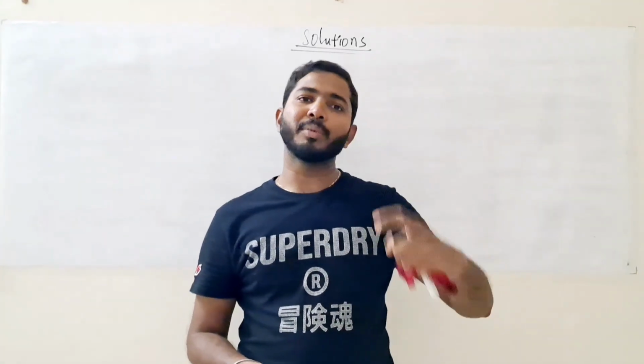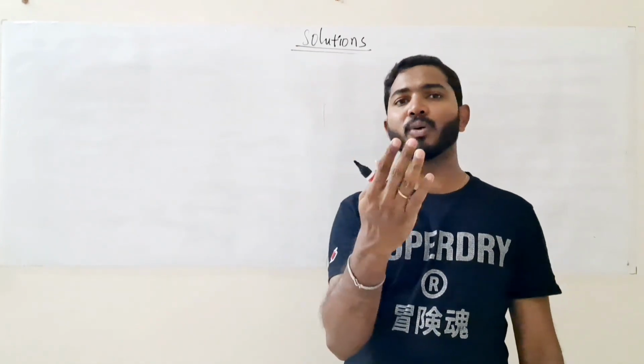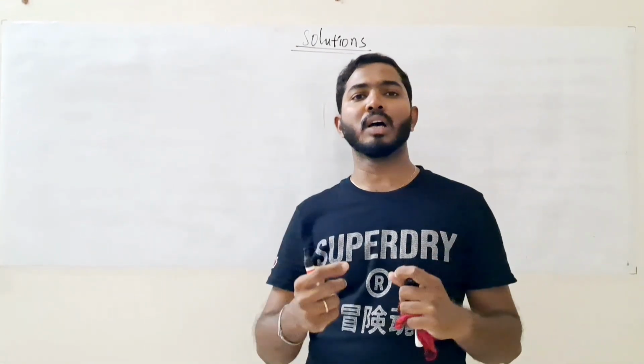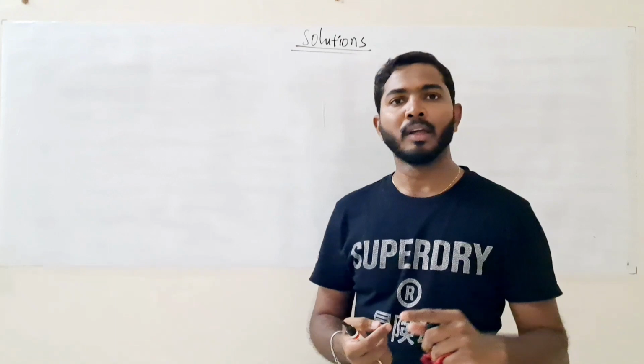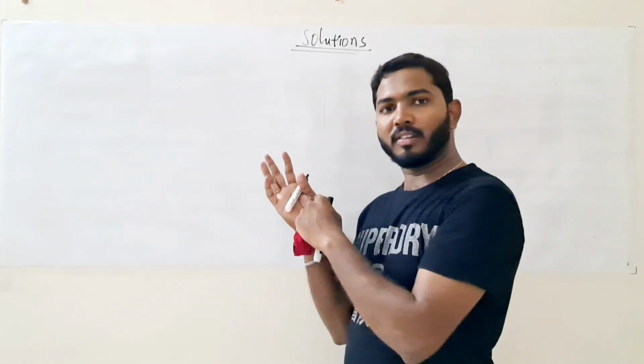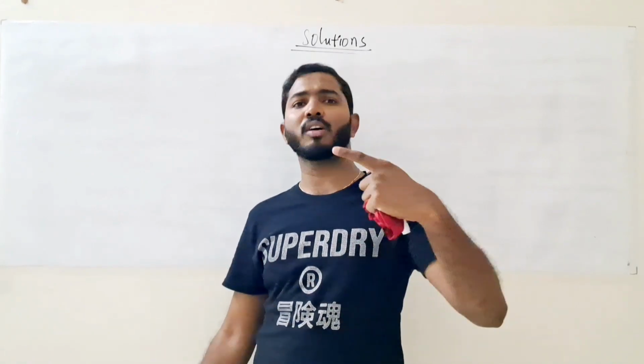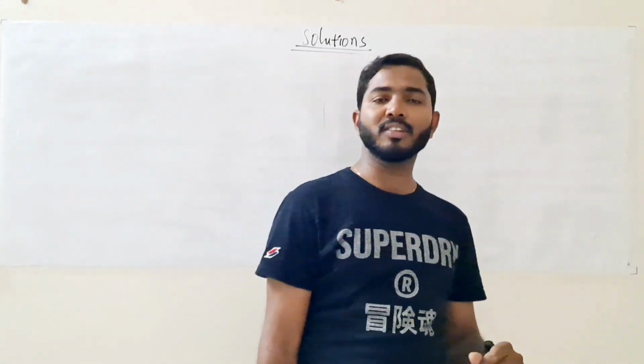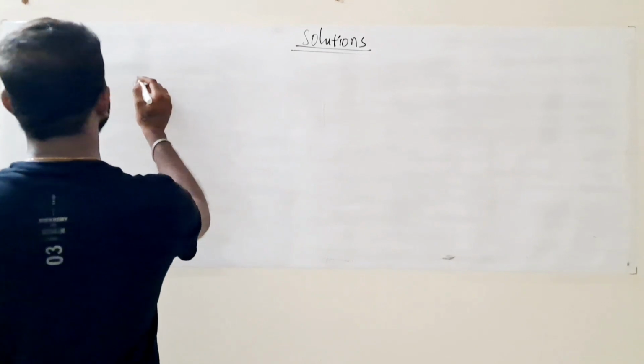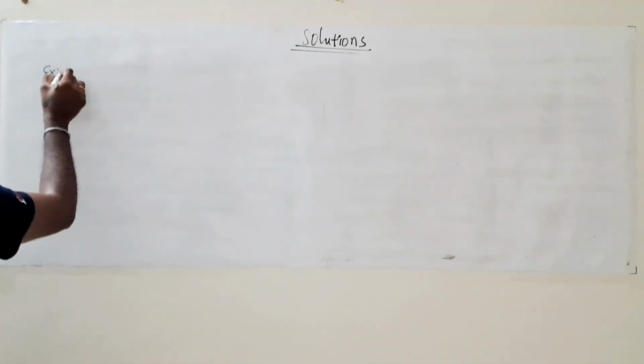So let's continue. Let me give you an example, so be ready with your answers. I'm going to give different cases, and then you have to define whether it is saturated, supersaturated or unsaturated. So please try to understand this example.